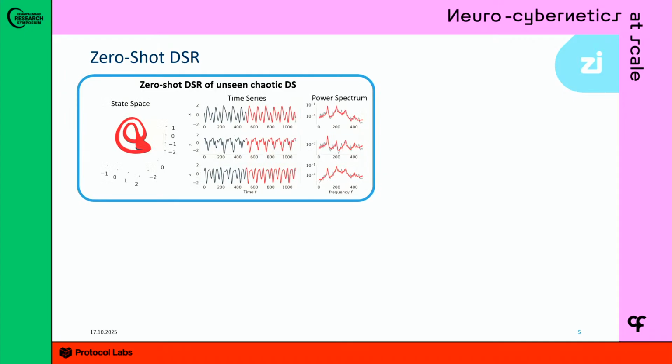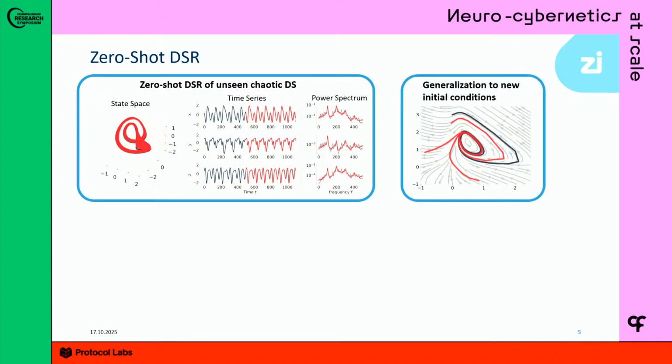So to get to the results, we can see that with this kind of approach, we are able to zero-shot forecast unseen dynamical systems, unseen chaotic dynamical systems. Here we just provide this gray time series as a context to the model and are able to accurately predict the correct state space behavior as well as power spectrum.